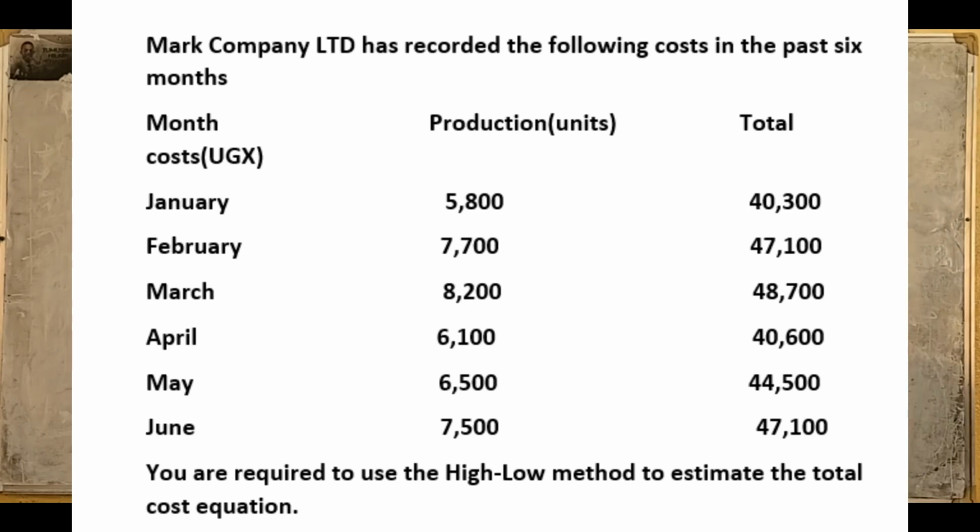In the month of January, there was a production of 5,800 and the total cost was 40,300. In February, we had production units of 7,700 and total cost of 47,100. In March, production units of 8,200 and total costs of 48,700.